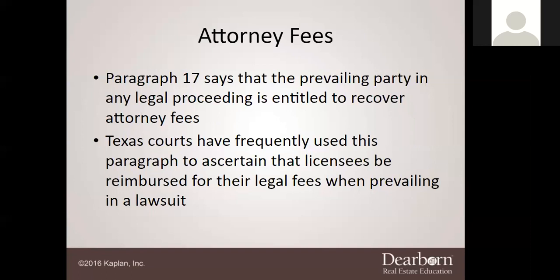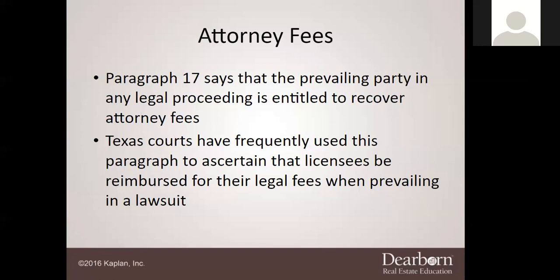So what happens in that situation is the client is going to sue both the agent and the real estate broker. This is where it can be very detrimental in some situations. A real estate broker has to get their own attorney. We have to have our own counsel.